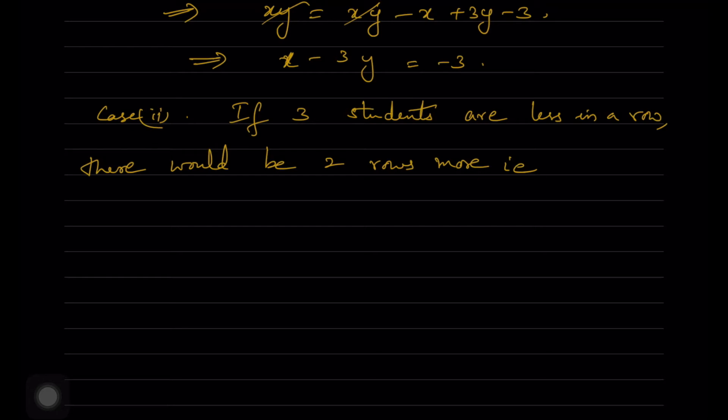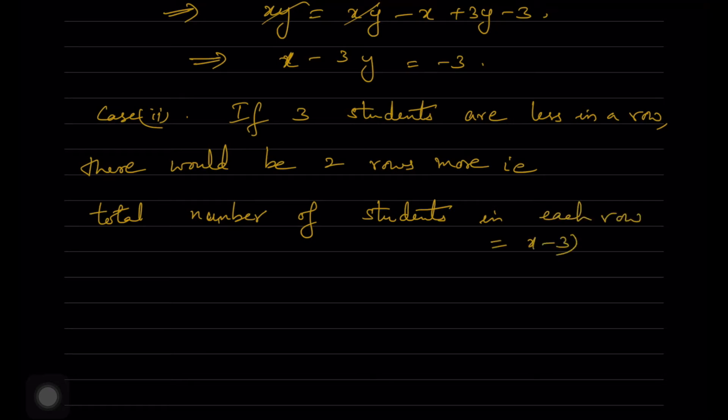So total number of students is equal to x minus 3 into y plus 2. So again, now taking this equation as equation 3, and then we have to compare equation 1 and equation 3.